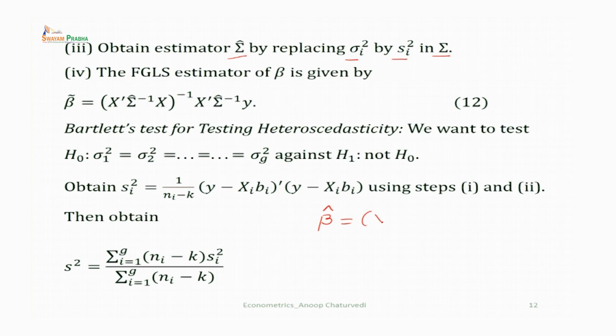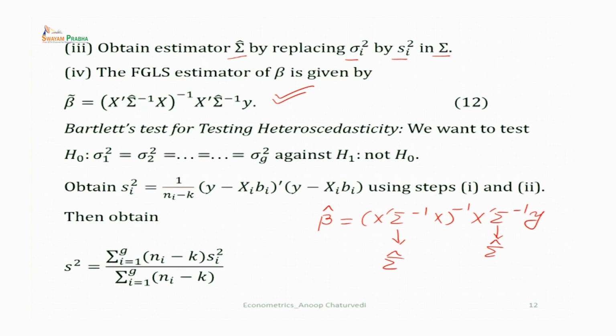Beta hat is equal to x transpose sigma inverse x inverse x transpose sigma inverse y. So, we replace this sigma by sigma hat, and then we obtain this feasible generalized least squares estimator.